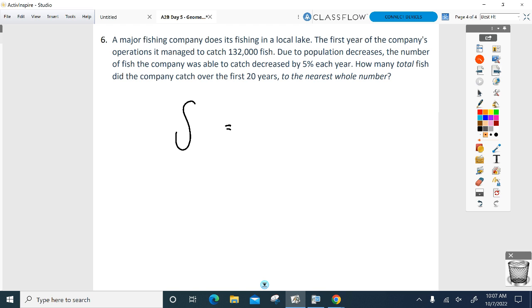It is a big number, so don't get freaked out. Make sure we round to the nearest whole number. Direct rounding directions.